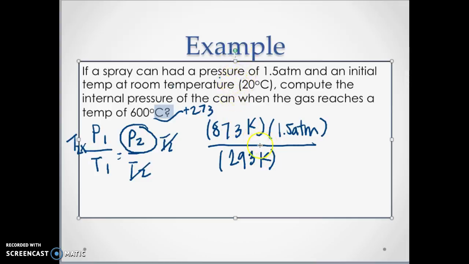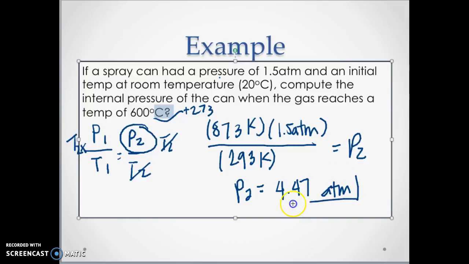So that's the relationship that you need in order to find P2. And then P2 is going to equal 4.47 ATM. Okay, so that's your answer.